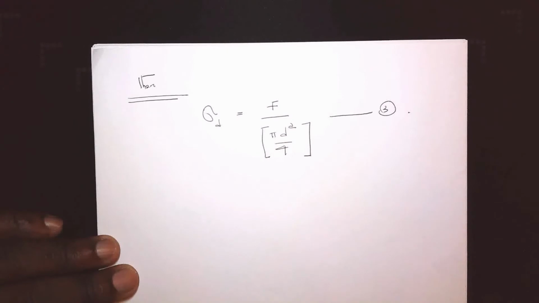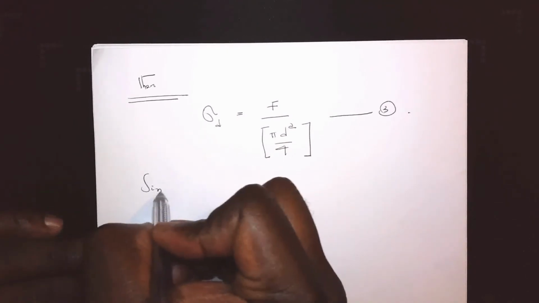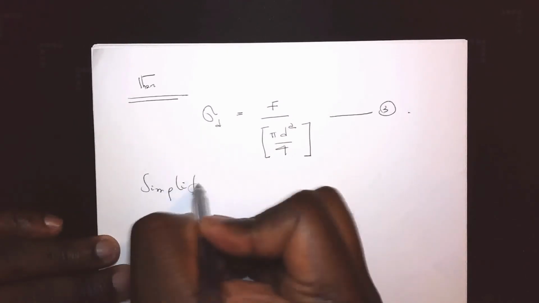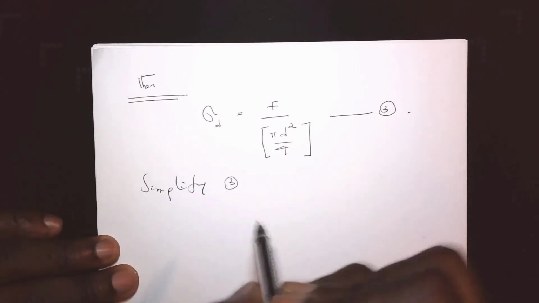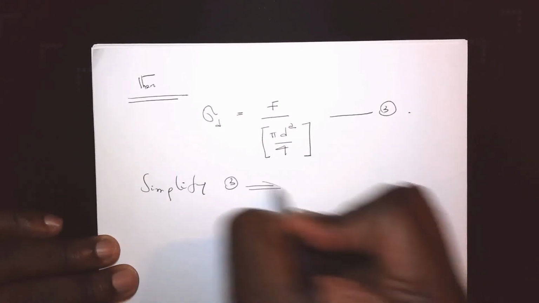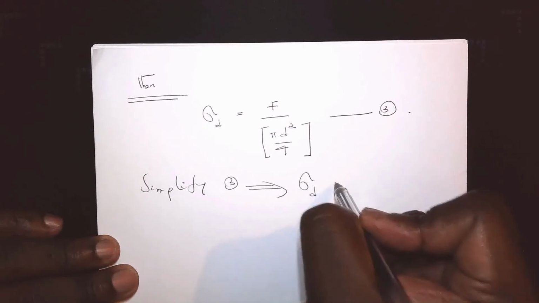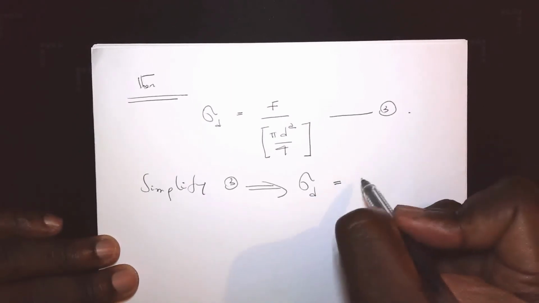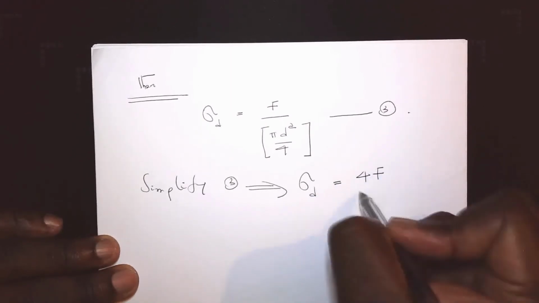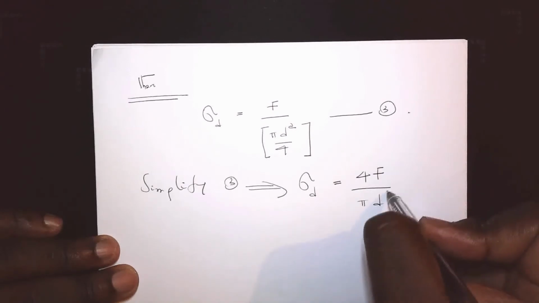Let's simplify, equation 3: sigma d will be equal to 4F over pi d squared.